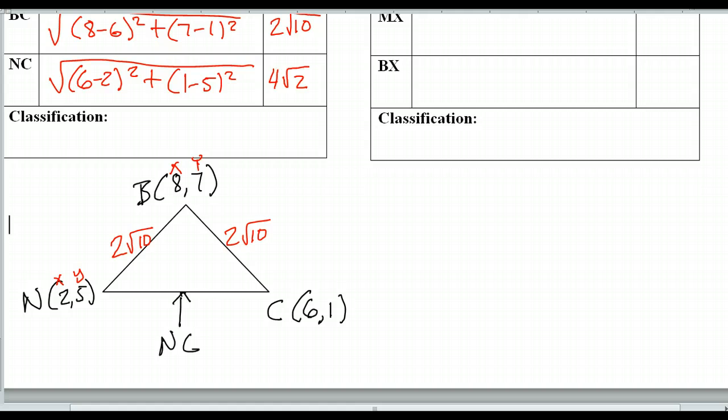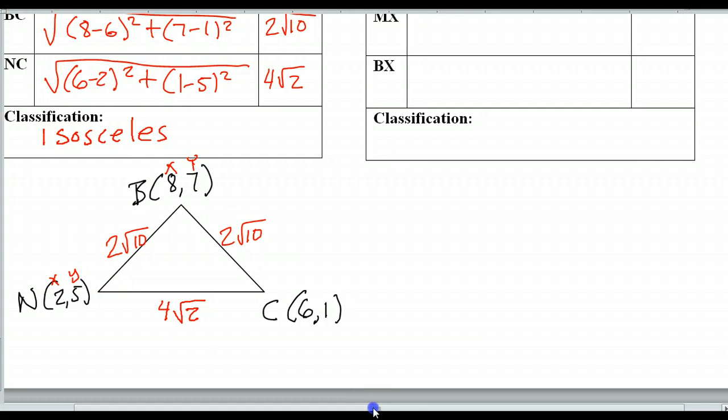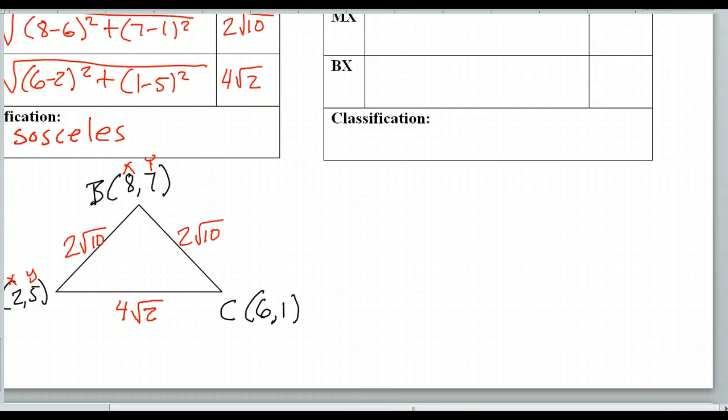So we have 2 sides that are the same, but the third side is different. So we will classify this as isosceles. Alright, that is the classification. Classification means saying what type of thing something is. Alright, and that is how you do that.